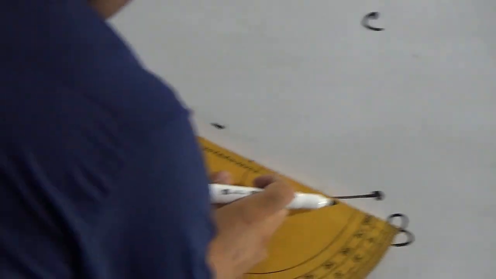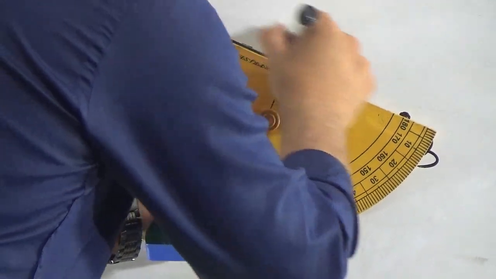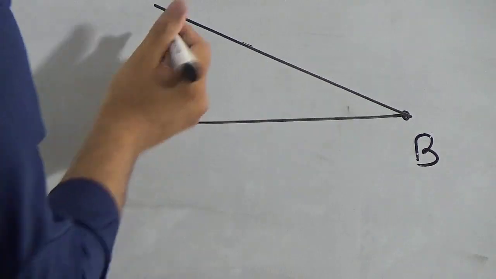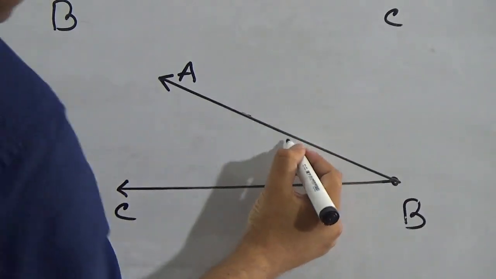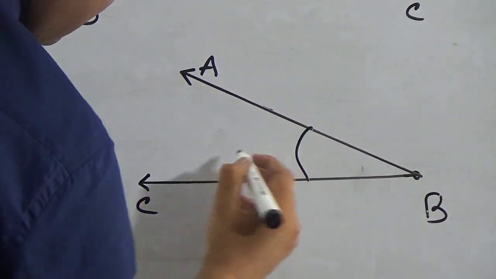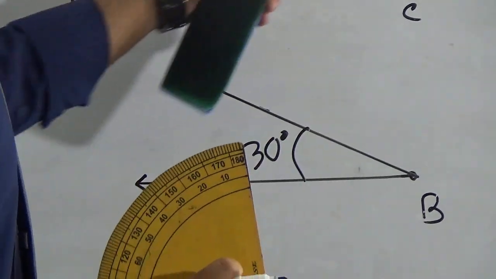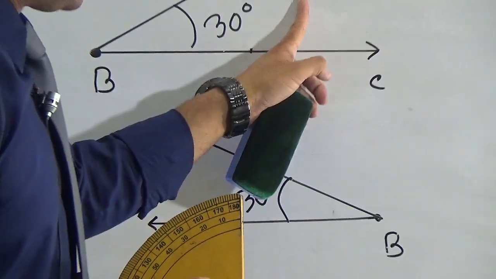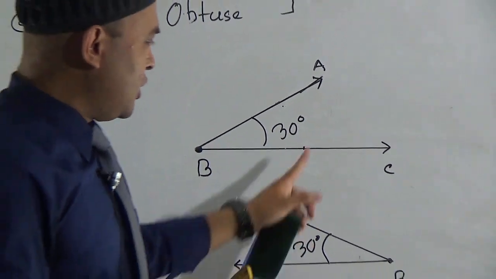Then you will join this point. Then if I denote this one by A, angle ABC is also 30 degrees. This is correct and this is also correct. As you wish, you can draw any one.